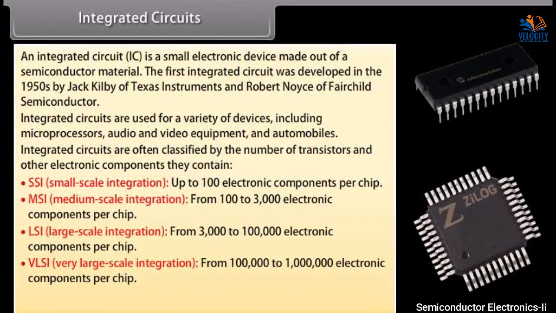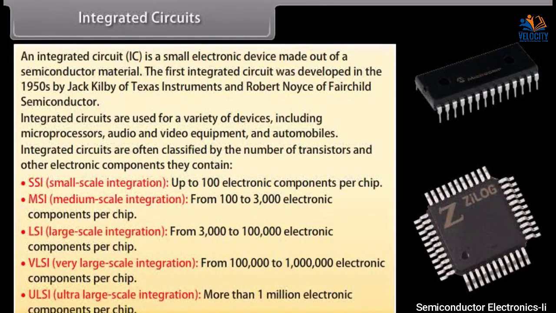VLSI, Very Large Scale Integration, from 1 lakh to 10 lakh electronic components per chip. ULSI, Ultra Large Scale Integration, more than 1 million electronic components per chip.